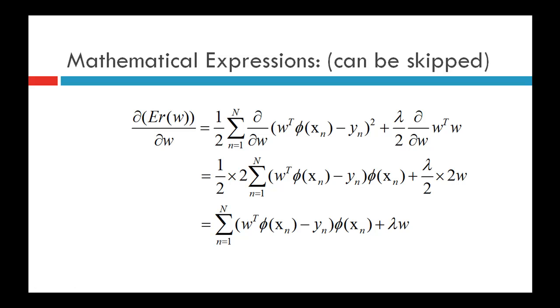You can refer to the first lecture in the machine learning channel of Searching AI, that is the linear regression lecture, where I have explained the differentiation rules, that is how to differentiate w transpose w with respect to w, and how to differentiate this expression.